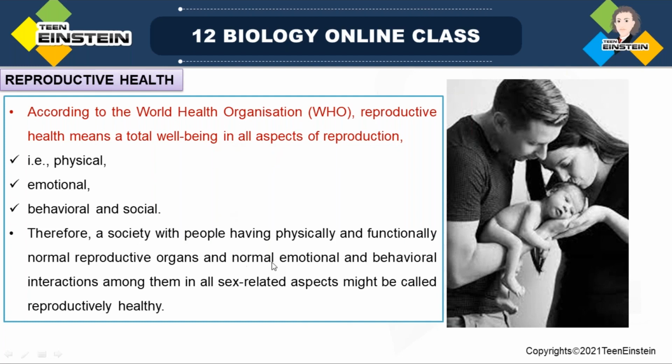Therefore, a society with people having physically and functionally normal reproductive organs, and normal emotional and behavioral interactions among them in all sex-related aspects, might be called reproductively healthy. So we can call them a reproductively healthy society.